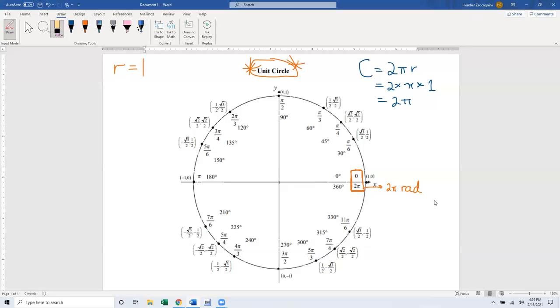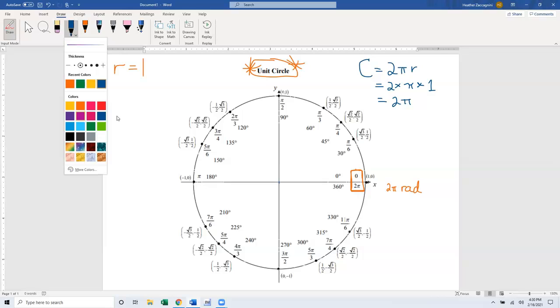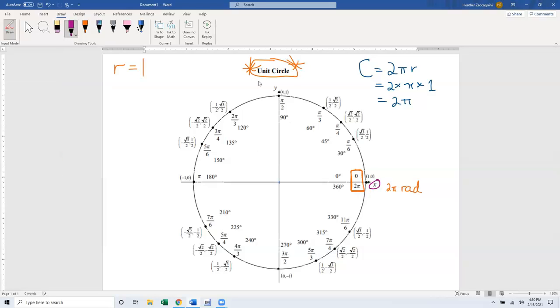Okay, so let's keep going. You also see coordinates and the Cartesian coordinate system on the unit circle. What I mean by that is, let's go with purple, you see an X here and you see a Y here.